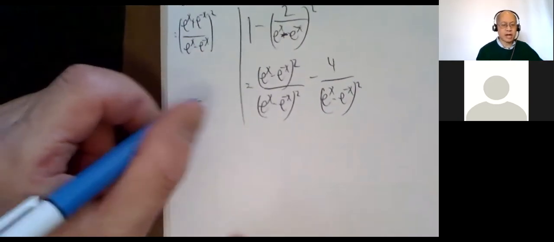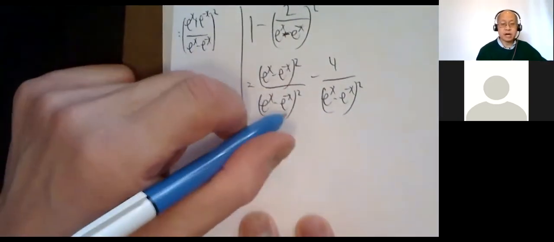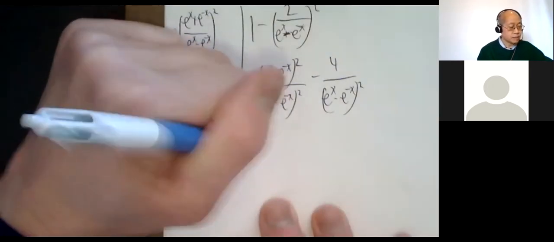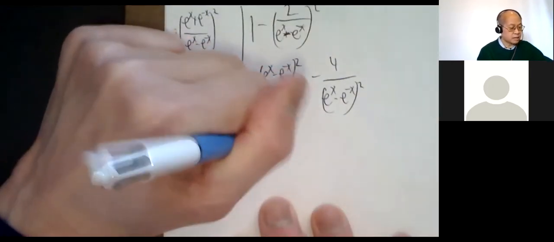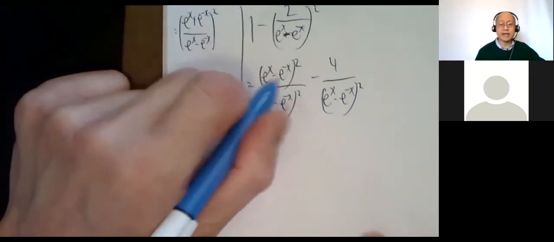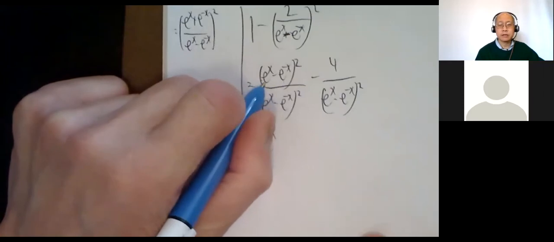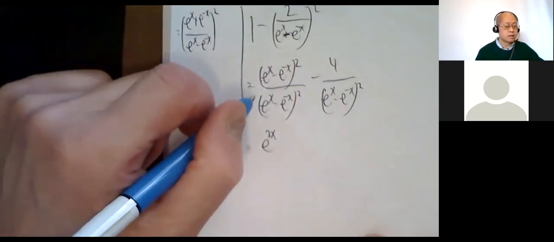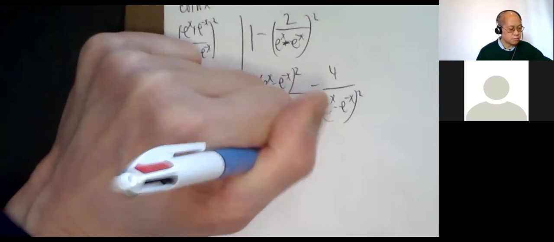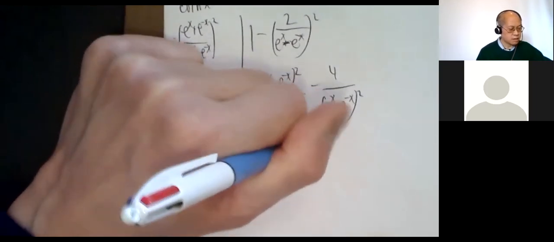Okay, and I can see what's going to happen here. This has a common denominator, so let me work out the top. The top comes out to be e^(2x) − 2ab, 2 times that is just going to be 2, plus e^(−2x).